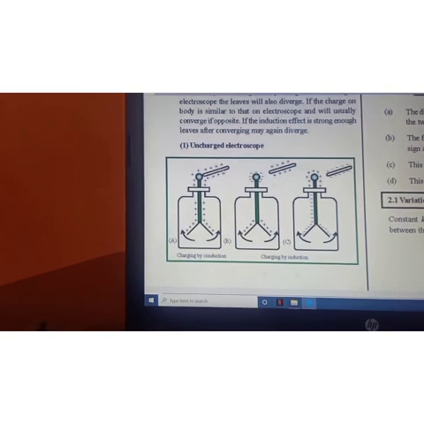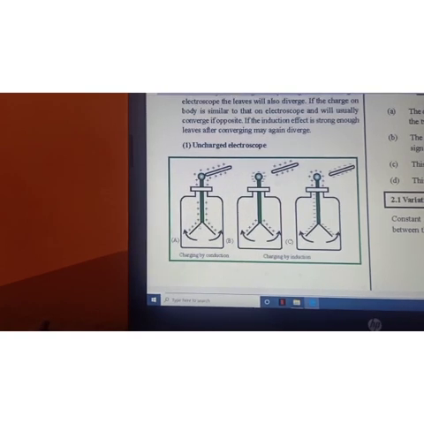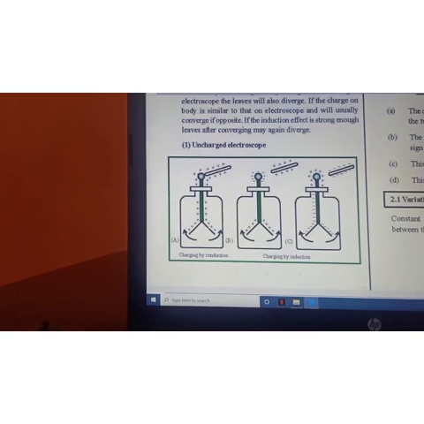If we touch a charged body, that is a positively charged body, to the disc here, then the charge goes through this rod to the leaves, and we know that equal charges repel each other, and this type of divergence occurs.